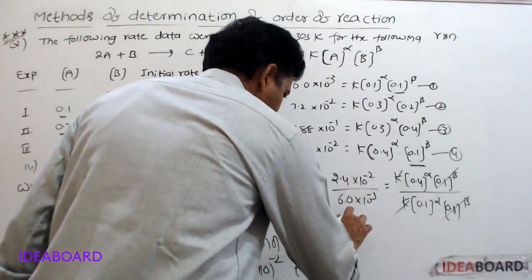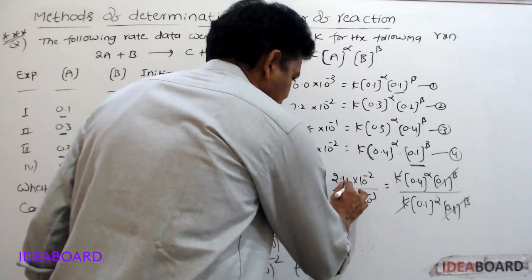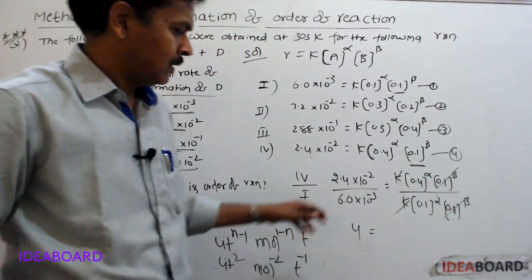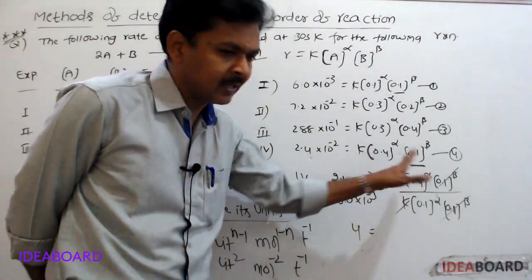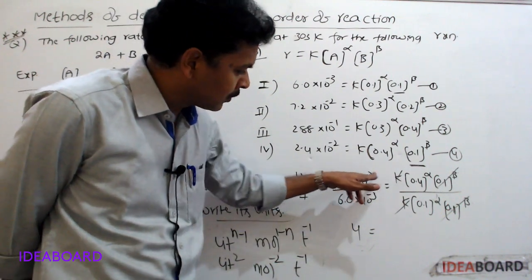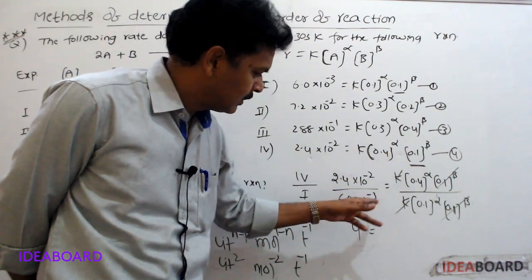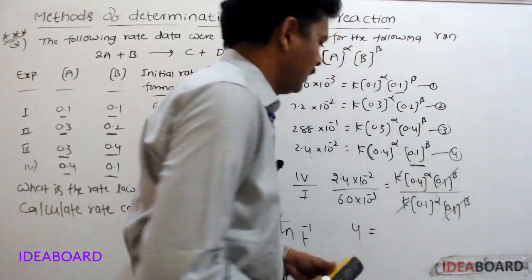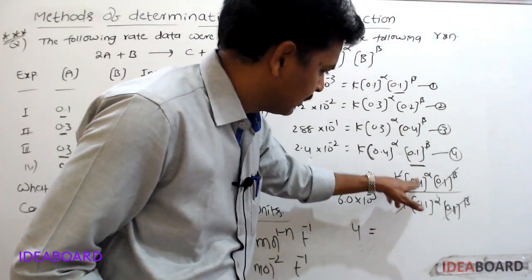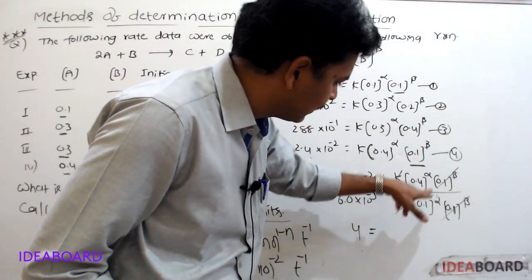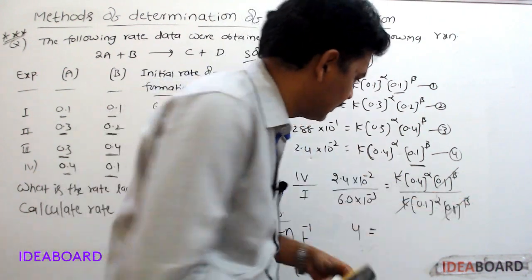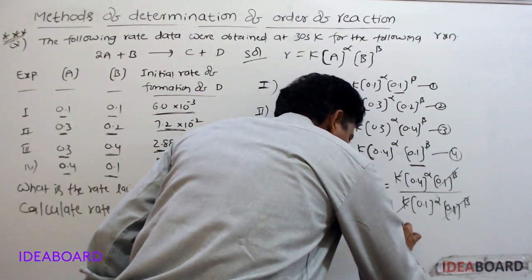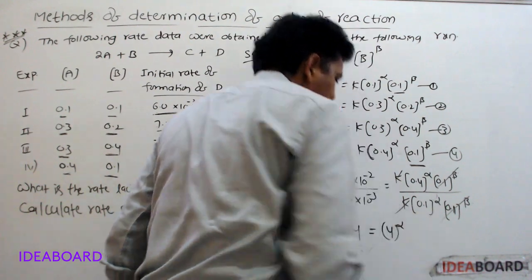Here 2.4 into 10 power minus 2 we can write 24 into 10 power minus 3. 10 power minus 3 will get cancelled. 24 by 6 means 4. 4 is equal to 0.4 power alpha divided by 0.1 power alpha, we can write 0.4 by 0.1 power alpha, or simply 4 power alpha.